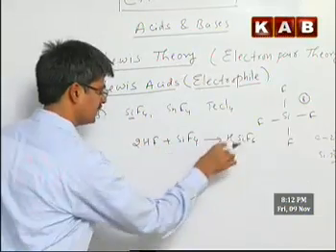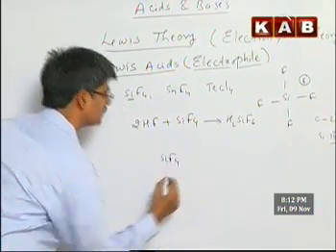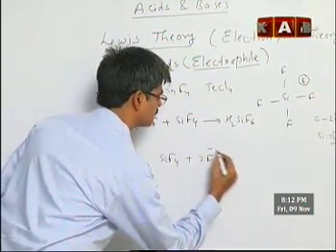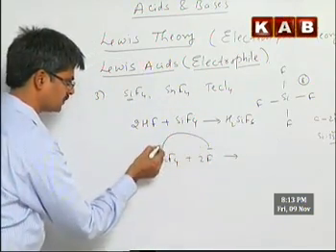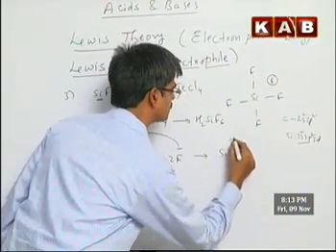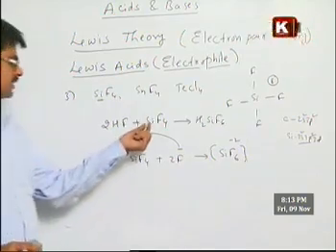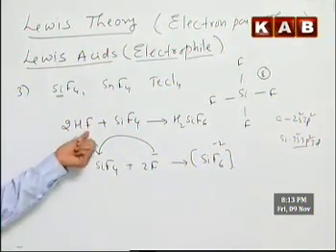So if you are seeing this reaction in particular, SiF4 is there plus HF means here 2 F minus ions we can write, and this silicon is now accepting electron pairs from this one, and finally it is forming SiF6 2 minus. So therefore we can say that silicon is able to expand its octet configuration by taking electron pairs from F minus ion.